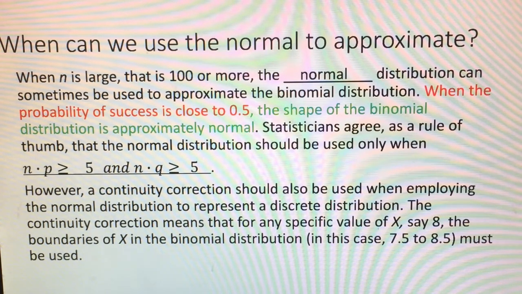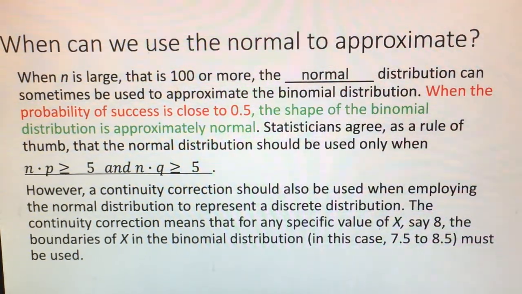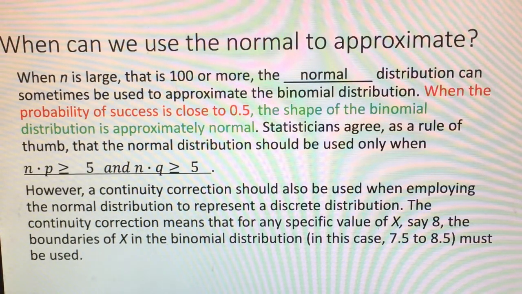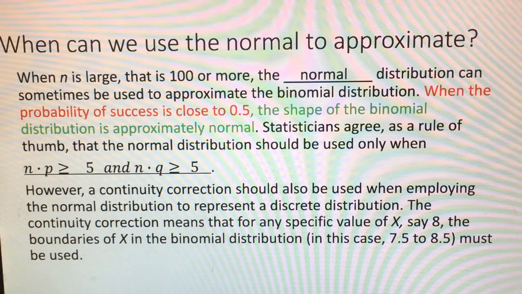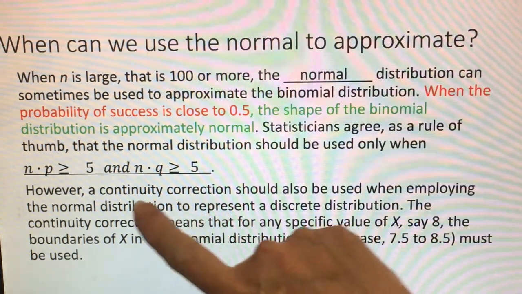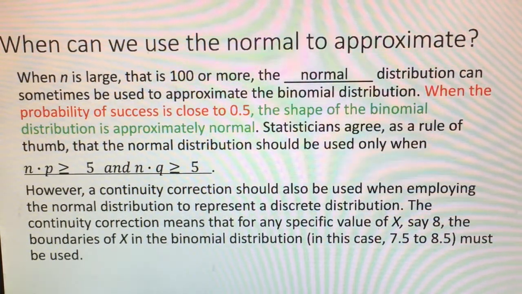Okay, so that's usually only going to be true when our n is very, very large, or our probability of success is close to 0.5. So the larger n gets, the more apt we are to qualify for the n times p to be greater than 5 and the n times q to be greater than 5.